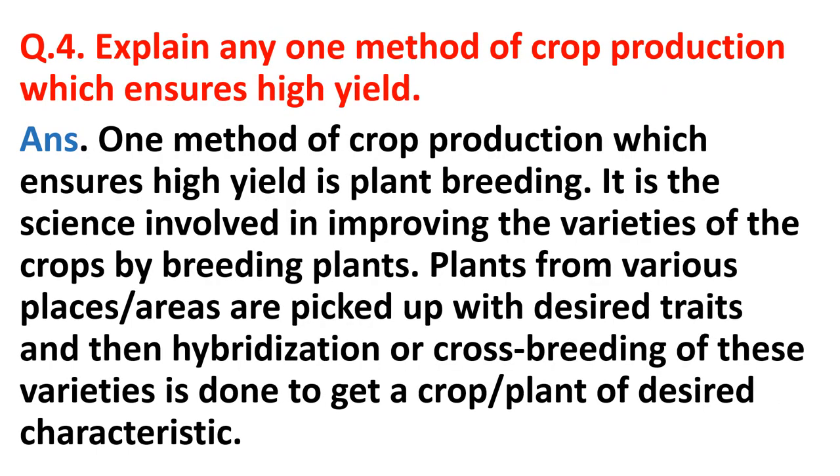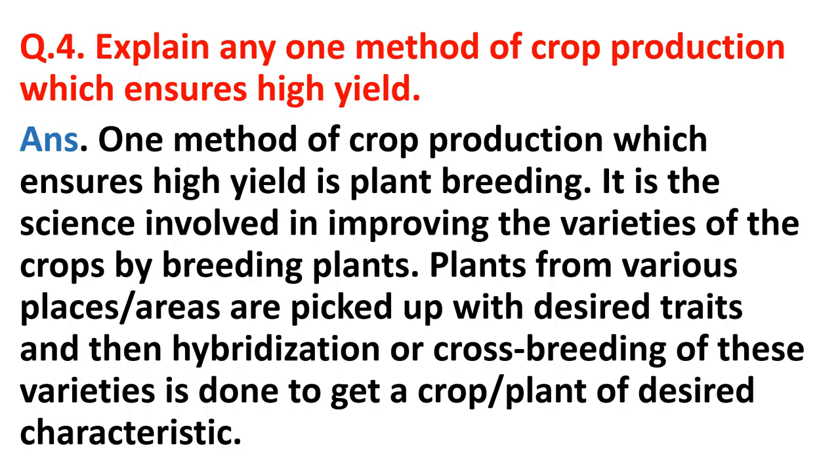Last question, question number 4 was, explain any one method of crop production which ensures high yield. Answer: one method of crop production which ensures high yield is plant breeding. What is plant breeding? It is a science involved in improving the varieties of the crop by breeding the plants.